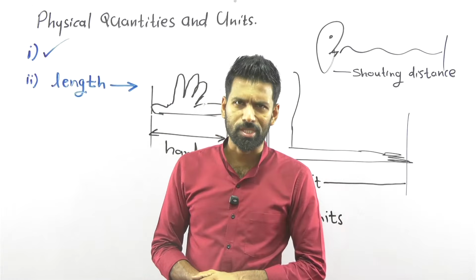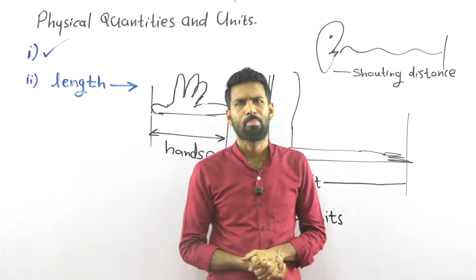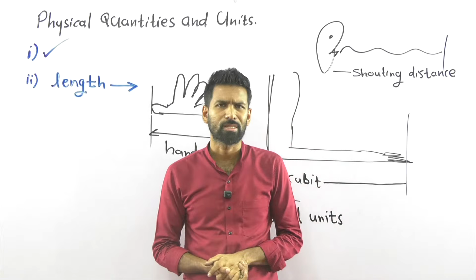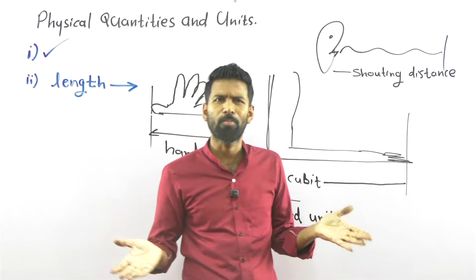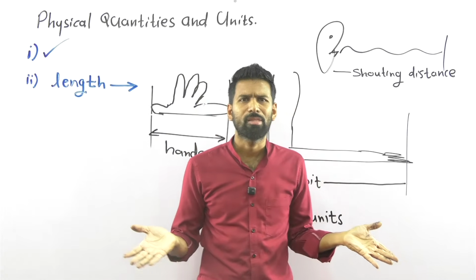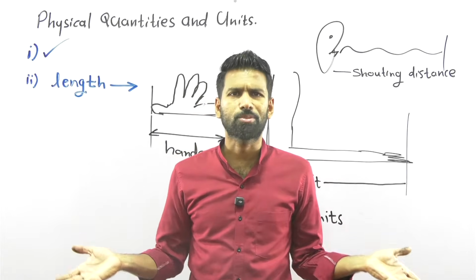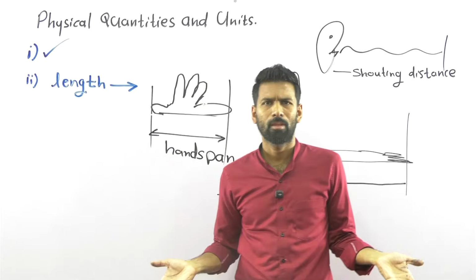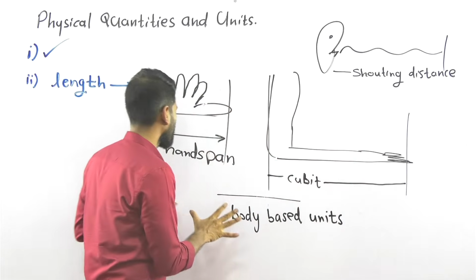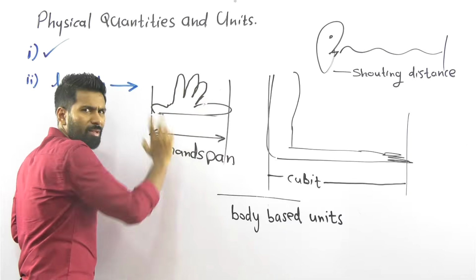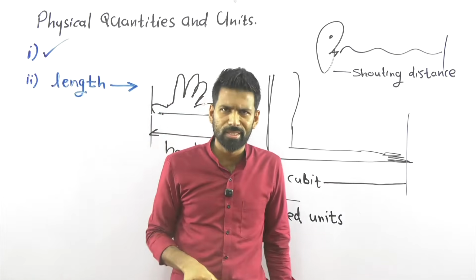These types of units change from person to person. When one person takes their handspan, it's not the same as another person's handspan.